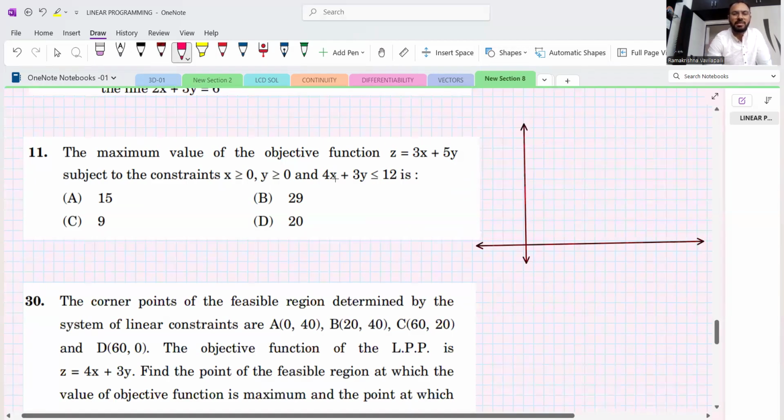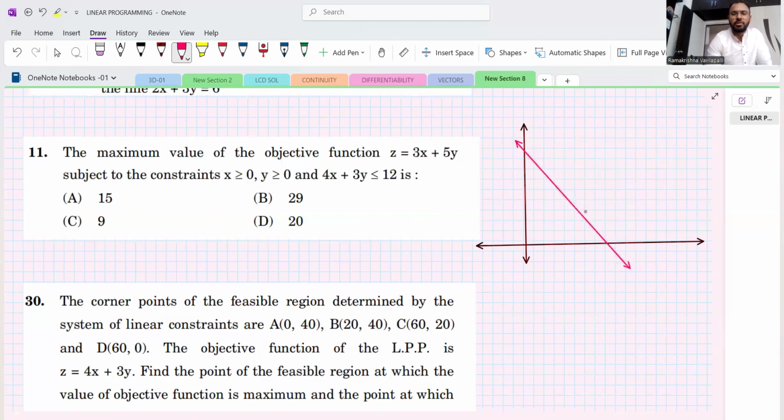Here x-intercept is 3 and y-intercept is 4. So this is the feasible region. And this point is 3 comma 0. And this is 0 comma 4. And this is origin 0 comma 0. Right? And this is the feasible region.